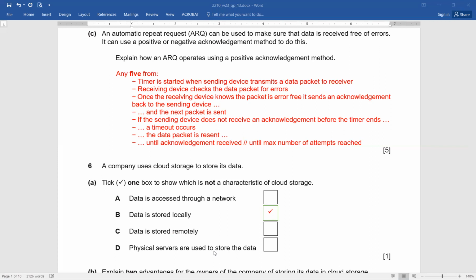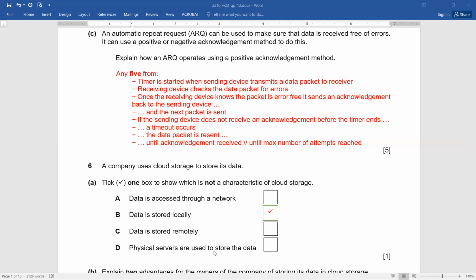And when you're talking about remote data storage, servers are being used and are physically storing the data, so this is also a characteristic of cloud storage. So out of A, B, C, D, B is the only option that is not a characteristic. So you will tick this one and you will be able to score.